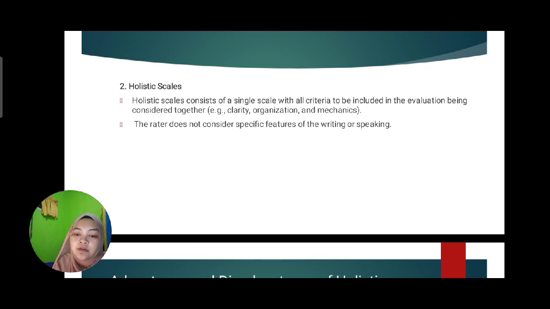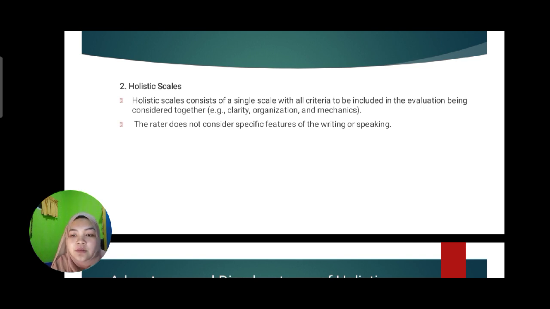So if the student's work is good, maybe the rater can give scores of about 3, 4, 5. Just look at the student's work, and the rater matches an entire piece of the student's work to a single description on the scale.